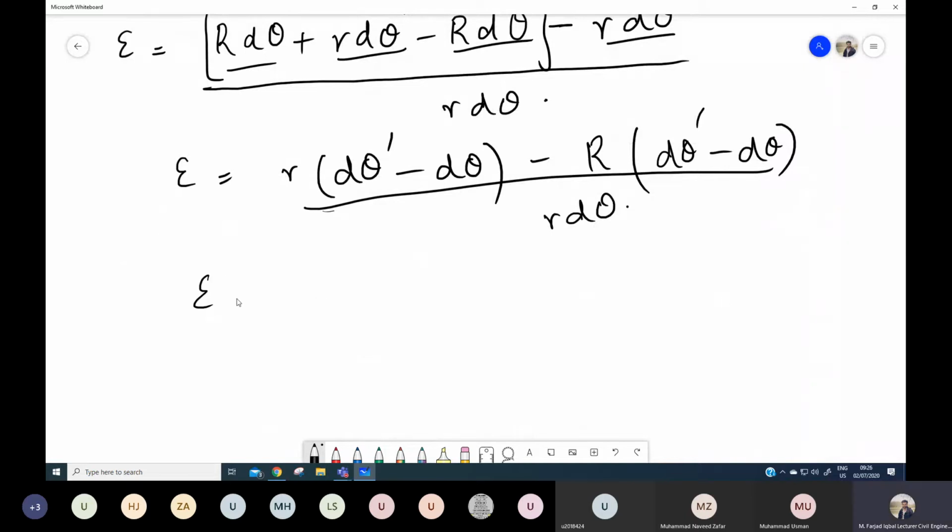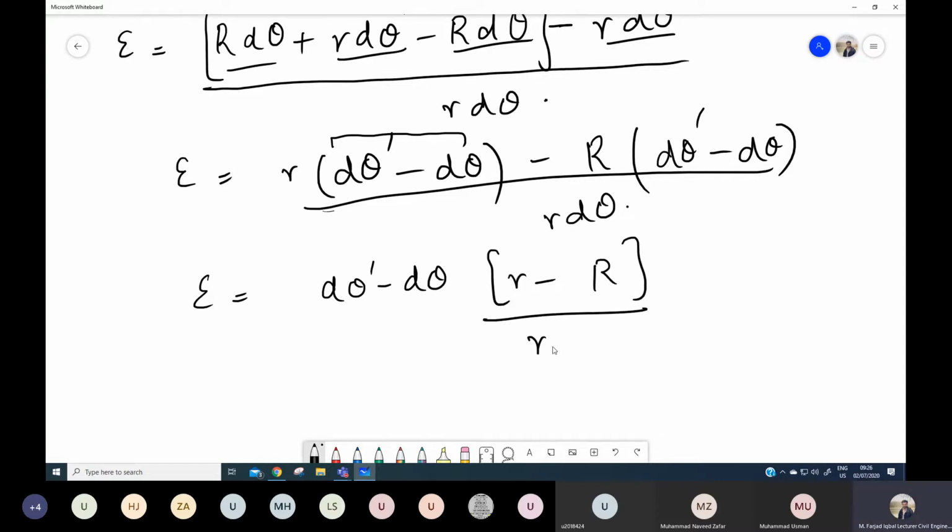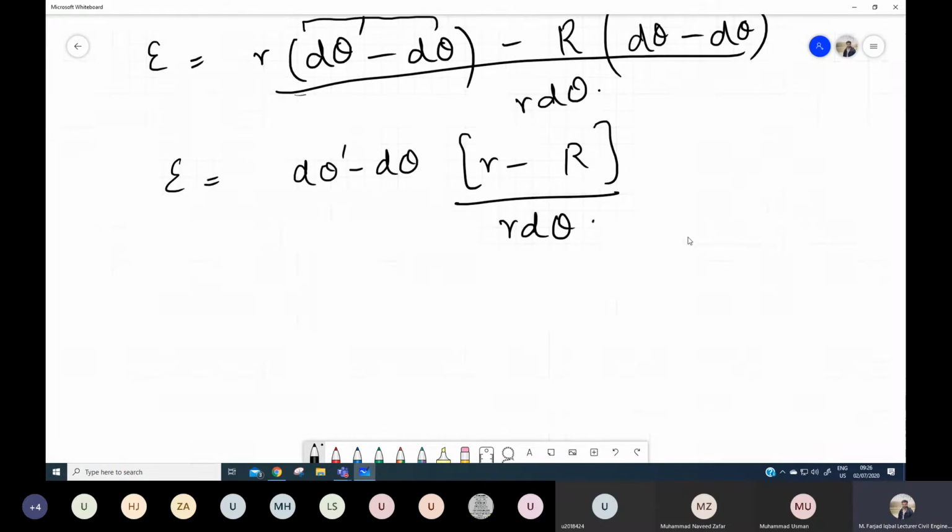So this epsilon is represented as, if I again take the factor d theta dash minus d theta as common, r minus capital R divided by r into d theta. Simplifying a bit, epsilon is equal to d theta dash minus d theta over d theta, times r.